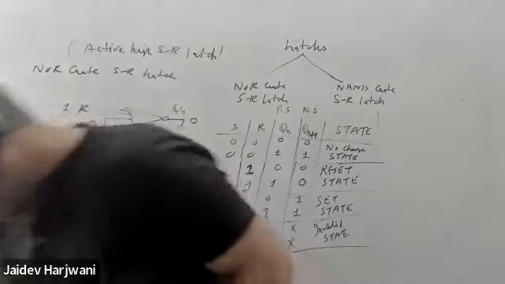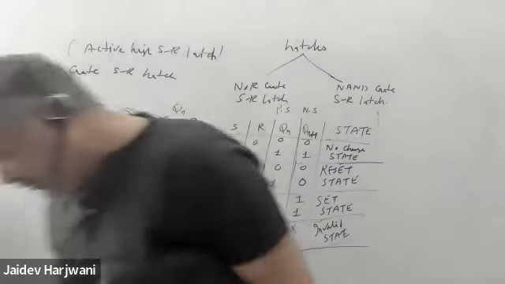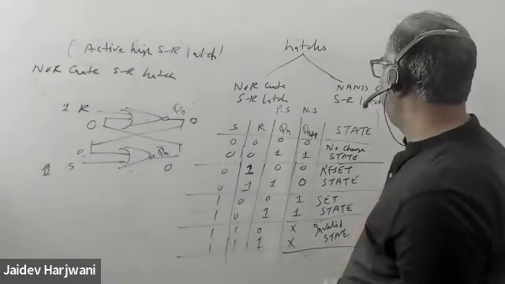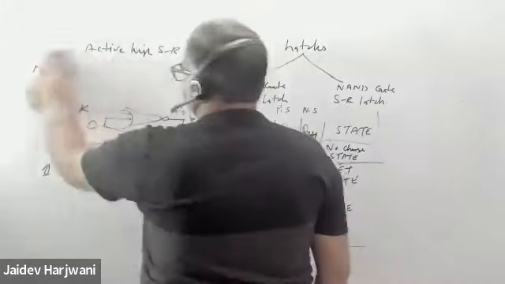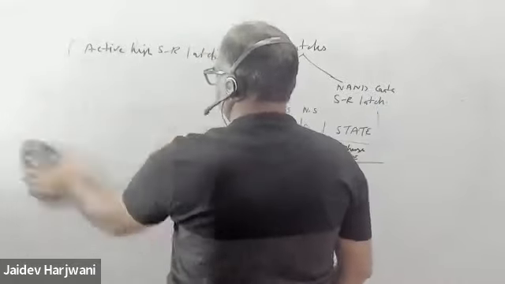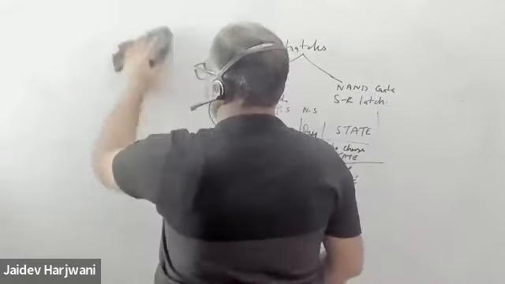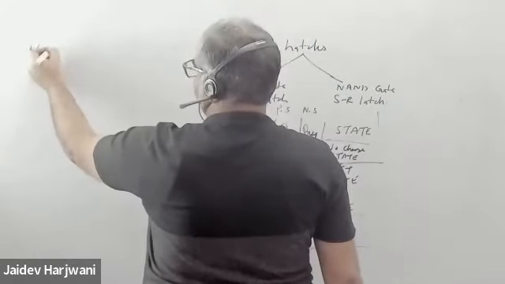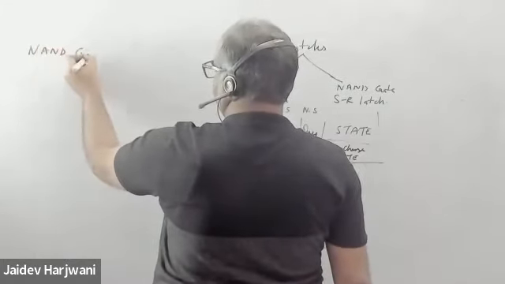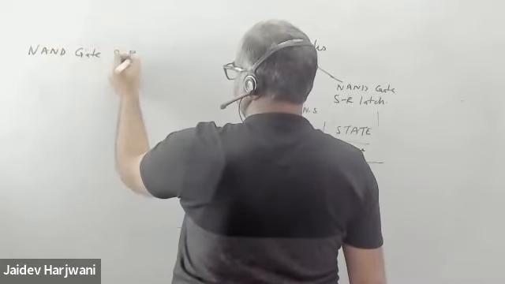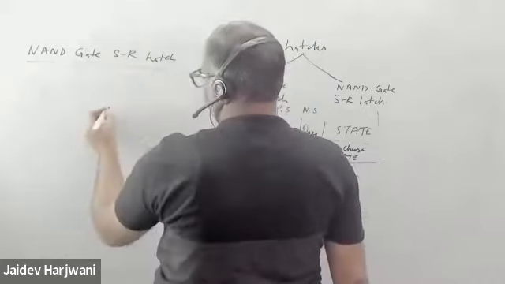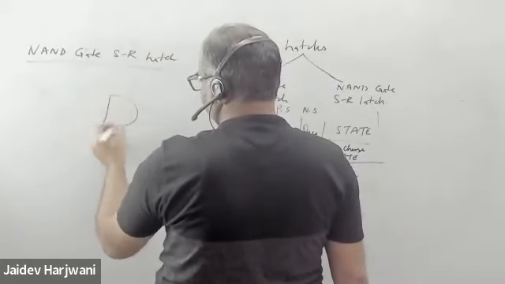Now similarly you can make a latch also using NAND gates. So now the NAND gate SR latch. Now you have two NAND gates.